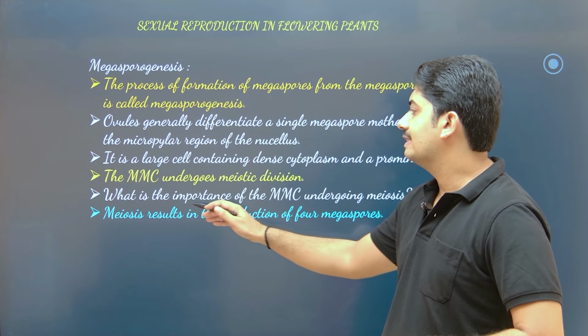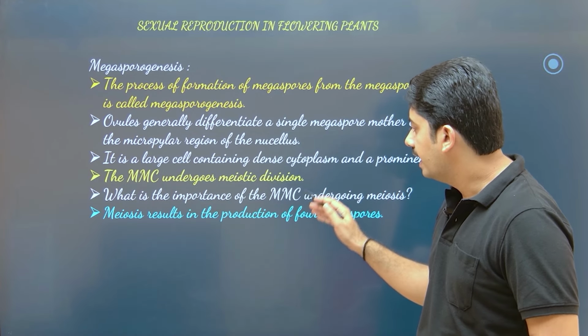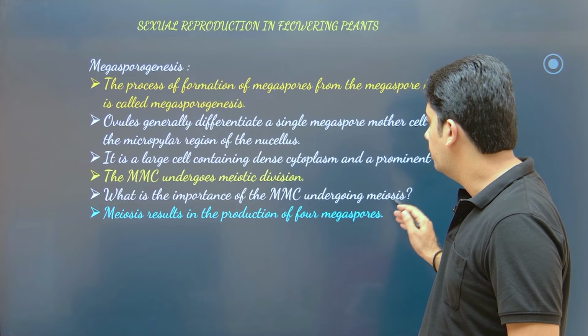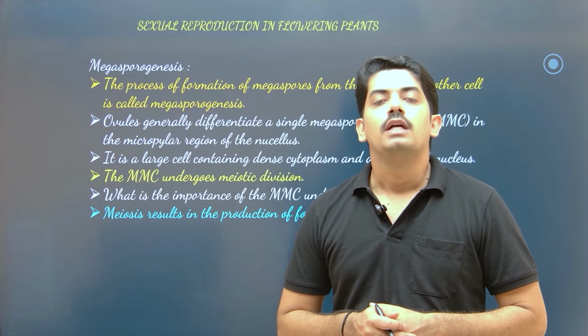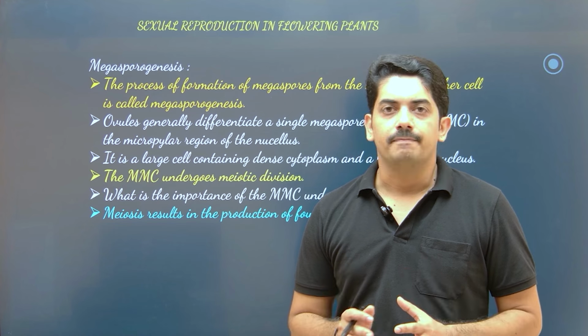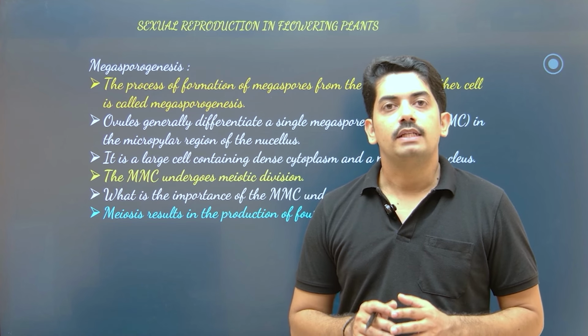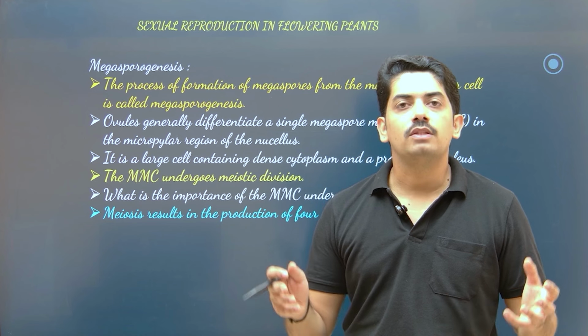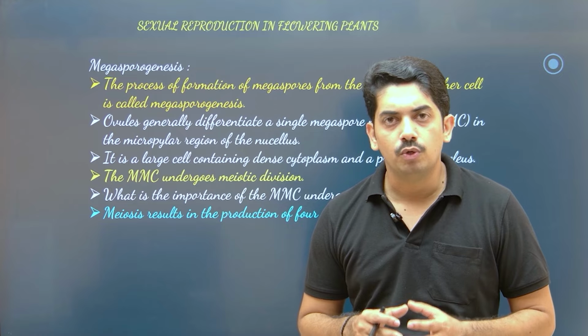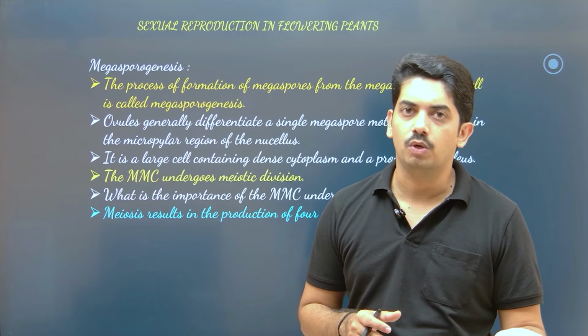And what is the importance of the megaspore mother cell undergoing meiosis? Why should it undergo meiosis? In order to maintain the ploidy, because when gametes are formed, they should be haploid. Only when 2 haploid gametes fuse do they form a diploid zygote.